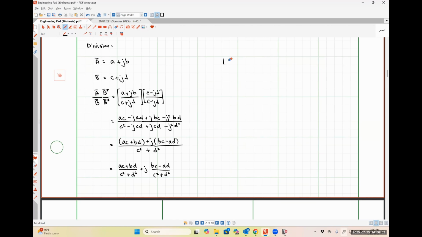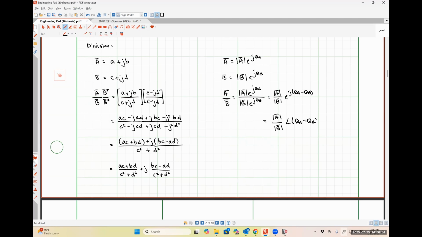If we have A equal to the magnitude of A, e to the j theta A, and B equal to the magnitude of B, e to the j theta B, then A over B is going to look like the magnitude of A, e to the j theta A, over the magnitude of B, e to the j theta B, which is just the magnitude of A divided by the magnitude of B, e to the j theta A minus theta B. And in polar form, that would be the magnitude of A over the magnitude of B with an angle of theta A minus theta B.